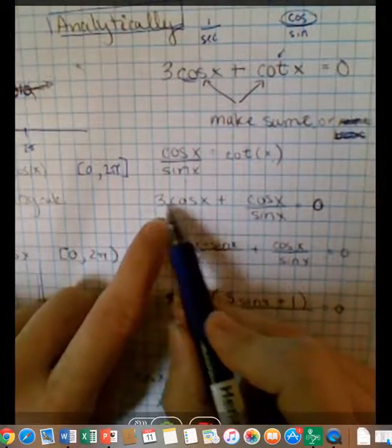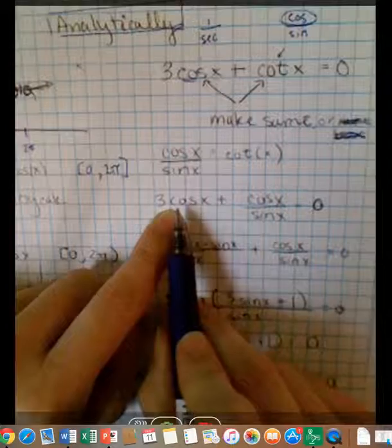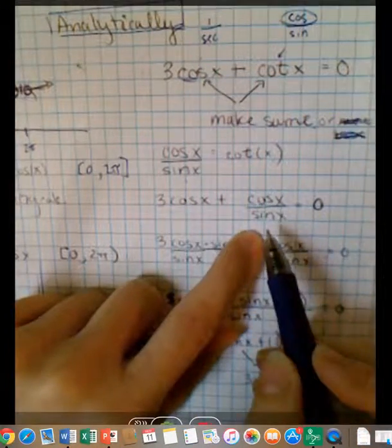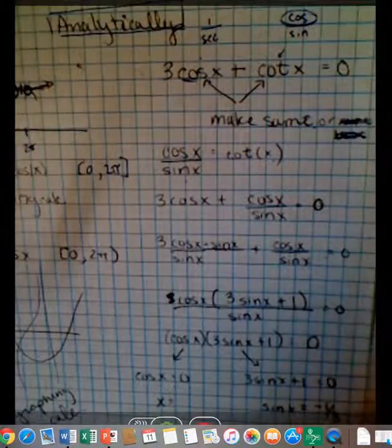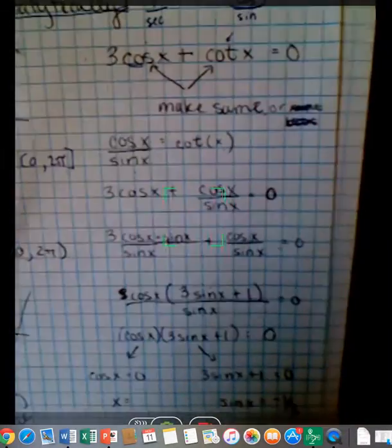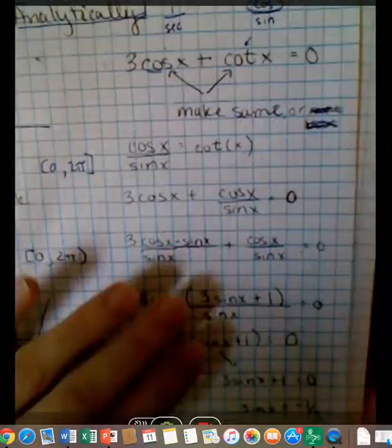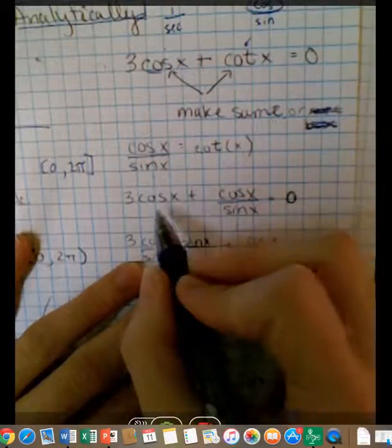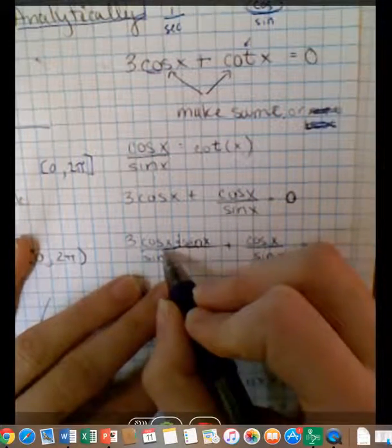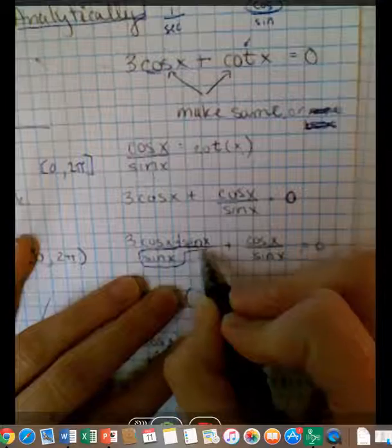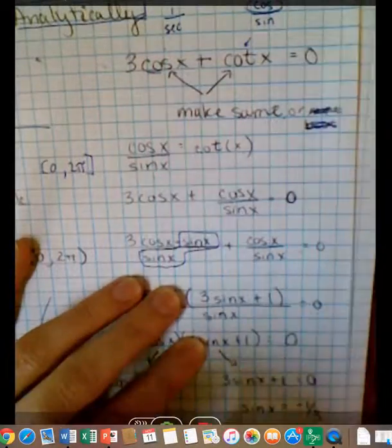Kind of looks like I've got 3 maybe times 2 plus 2 over 4. So maybe think of that sine as a need to find a common denominator. Well, like anything else, I can multiply by 1.